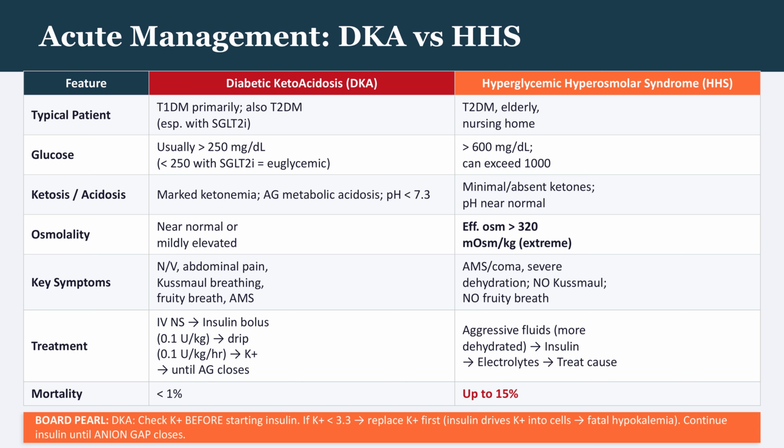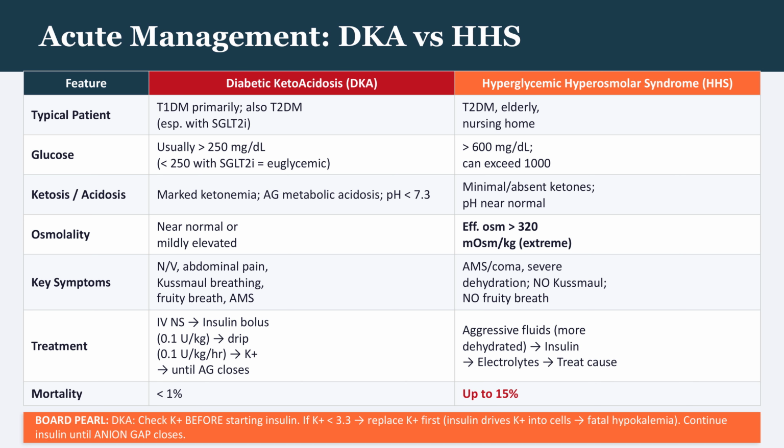HHS is the other emergency, much more common in elderly type 2 patients. The setup is weeks of poor oral intake, progressive dehydration, and escalating hyperglycemia. There's enough residual insulin to prevent significant ketogenesis, so no small breathing, no fruity breath, no significant acidosis. But the glucose is extreme, often above 600 and sometimes over 1,000 milligrams per deciliter, and the effective osmolality is through the roof, above 320 mosm/kg.